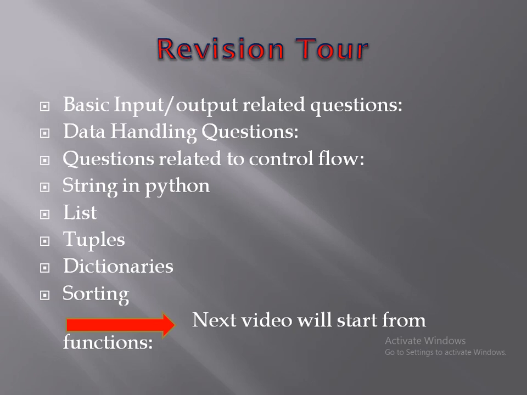If I give you one question: tell the user to enter your name, then read in and assign to a variable a string typed in by the user. This type of question is called an input output question.